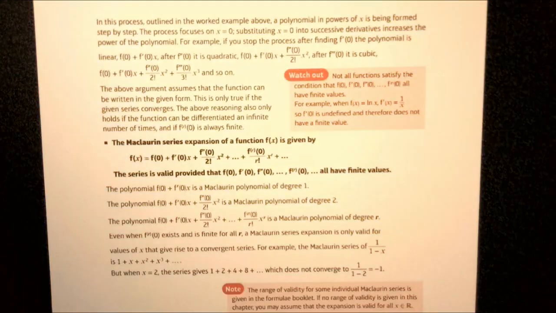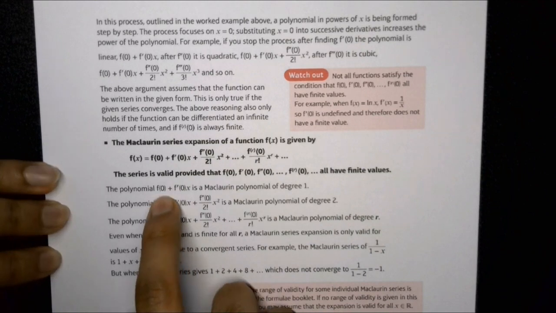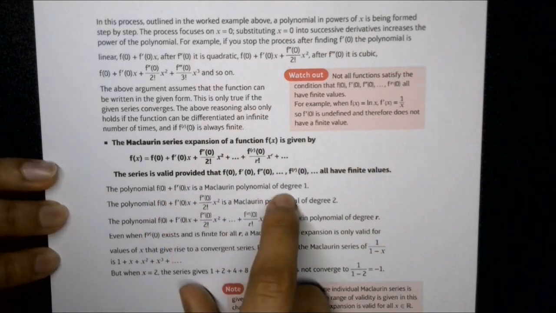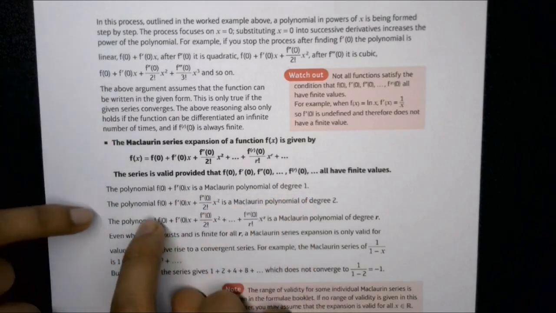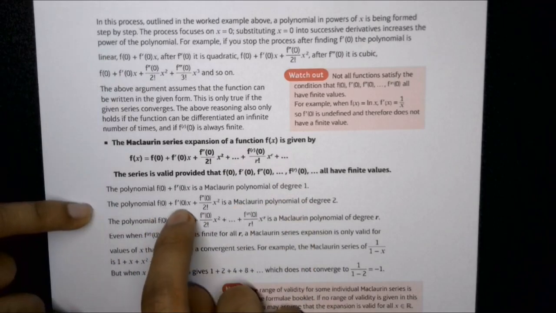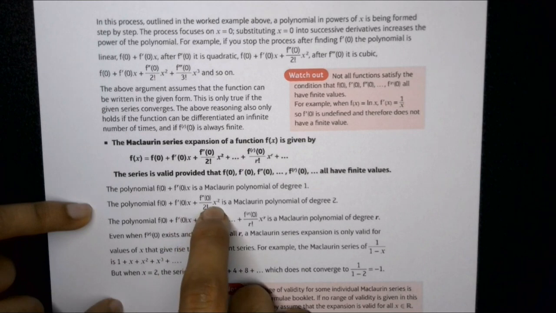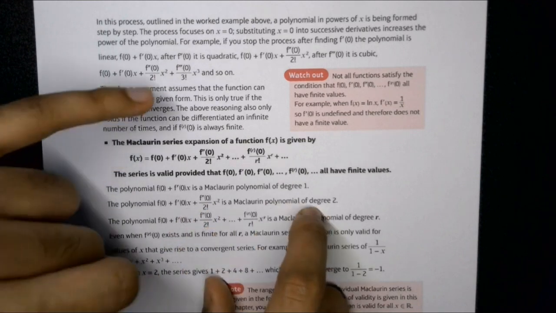So if we take a look at what else is said over here, you can see that the polynomial f of 0 plus f dash of 0 times x is a Maclaurin polynomial of degree 1. We said before it was linear. The polynomial f of 0 plus f dash of 0 times x plus f double dash of 0 divided by 2 factorial times x squared, that's a polynomial of degree 2 because it's quadratic.